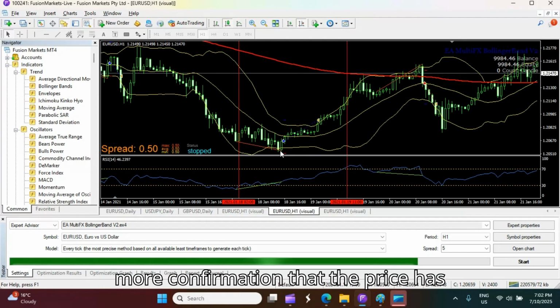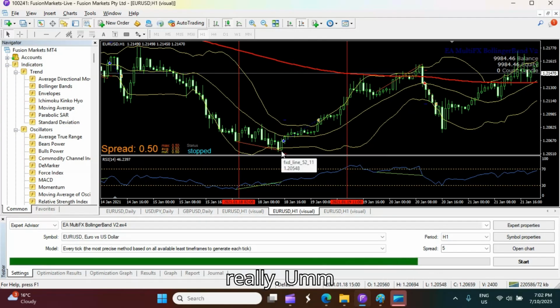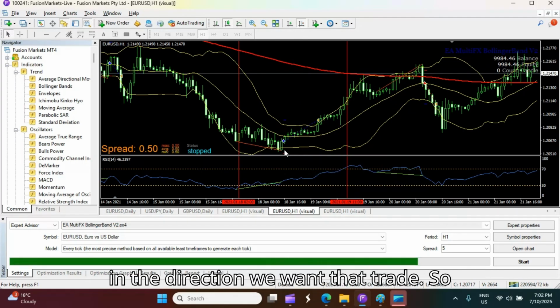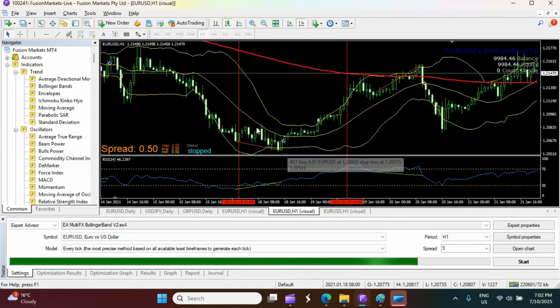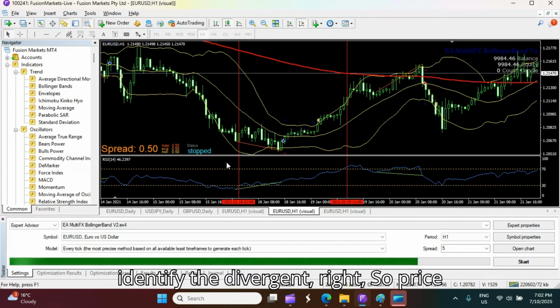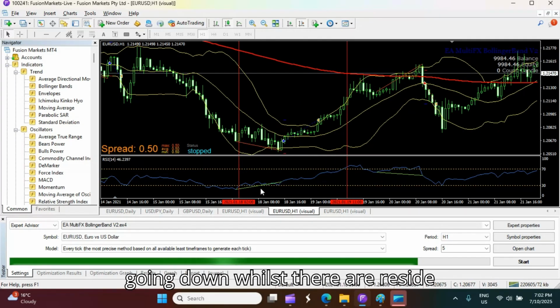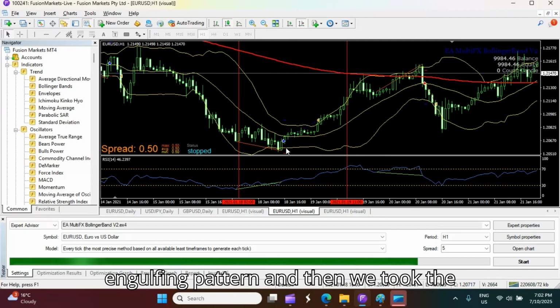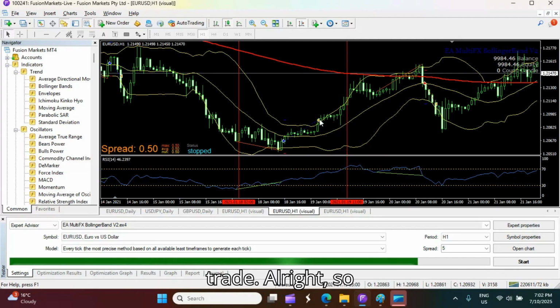That gives us more confirmation that the price has really pushed in the direction we want for that trade. So in this instance, we identify the divergence: price going down whilst the RSI momentum is picking up. We identify the engulfing pattern, and then we took the trade.